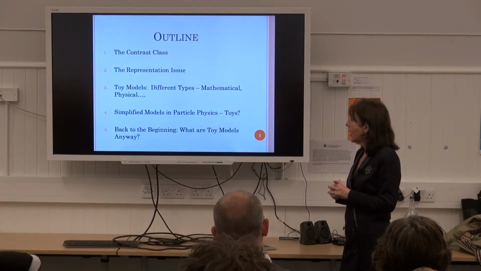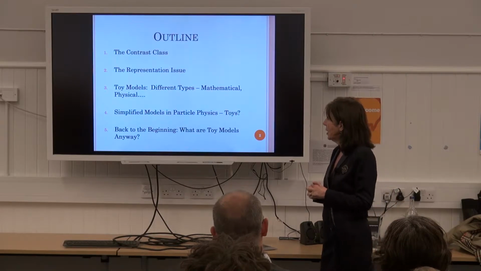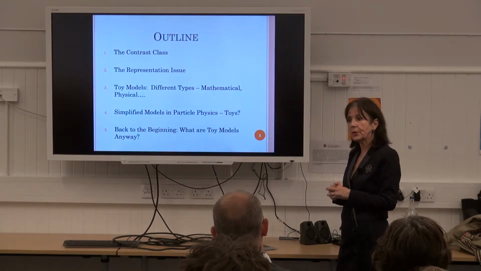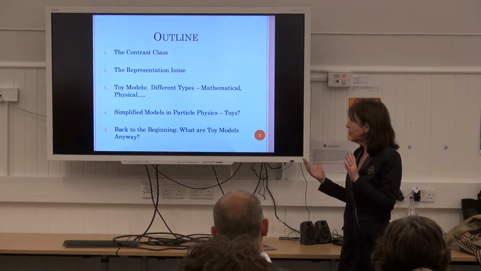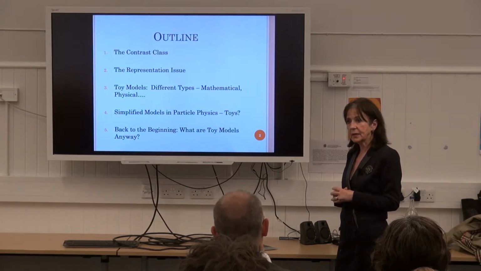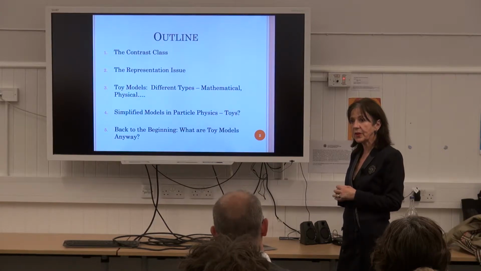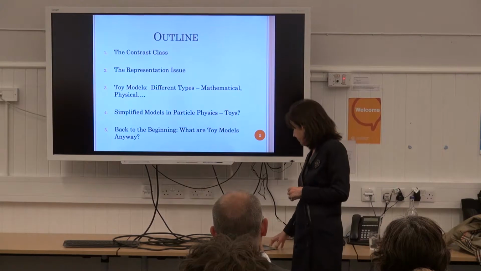And then if I have time, look just very briefly at simplified models in particle physics and see whether or not they qualify as toy models. And then back to the beginning, see if we can get a grasp on any issues related to toy models from the previous discussion.